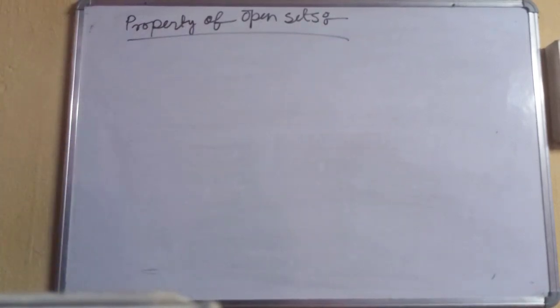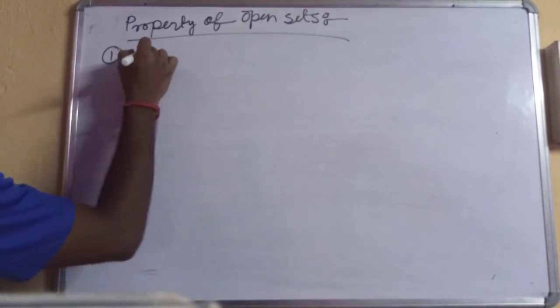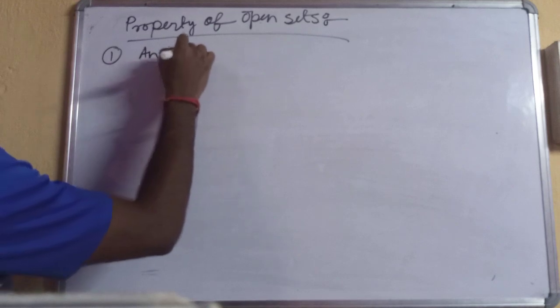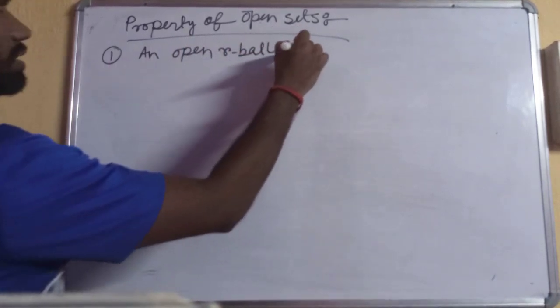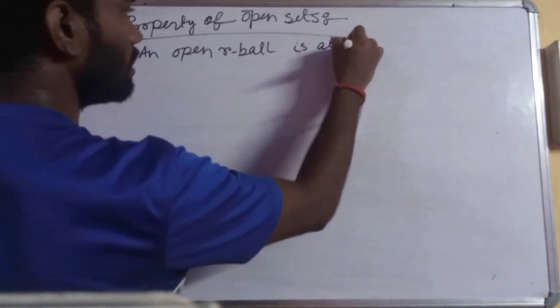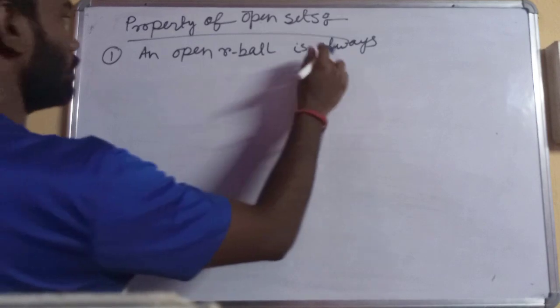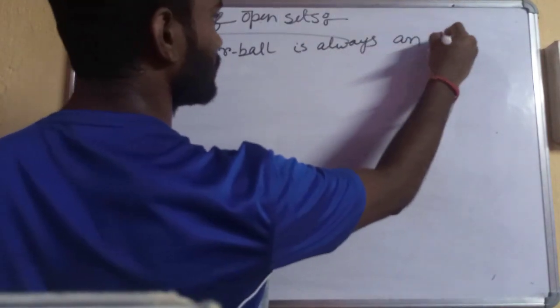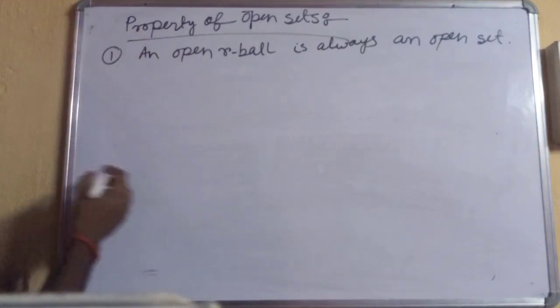Now see some properties of open sets. Number one, an open r-ball is always an open set, right? Why?